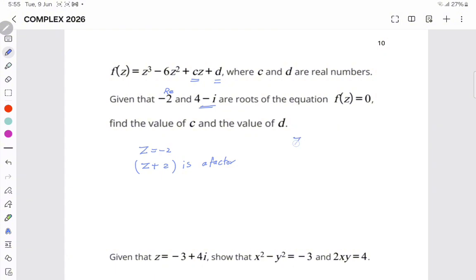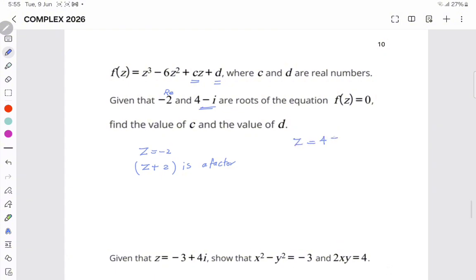And also z is equal, in complex root come in pairs, 4 plus or minus i. So to construct the quadratic factor, shifting 4 to other side, it will be z minus 4 is equal positive or negative i, squared both sides. So it will be z squared, first times second times 2, 8z, second squared 16. All of that is equal negative 1. So the quadratic factor here, z squared minus 8z, shifting that, plus 17 equal to 0.